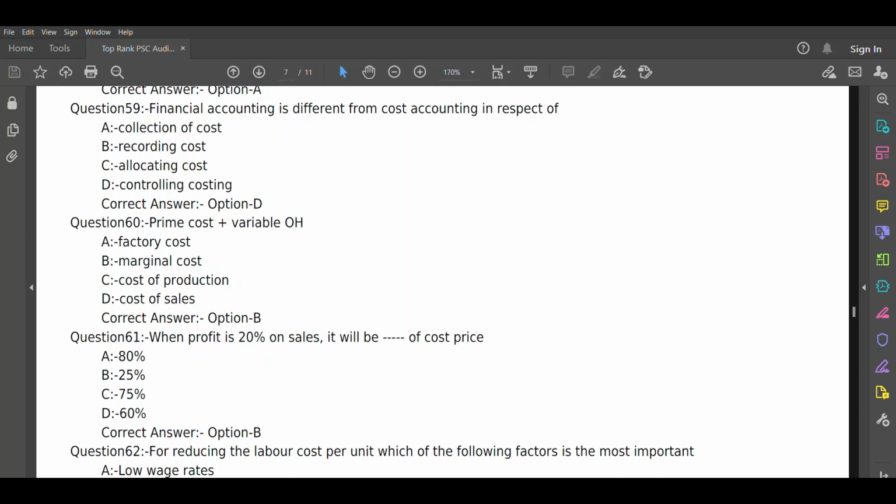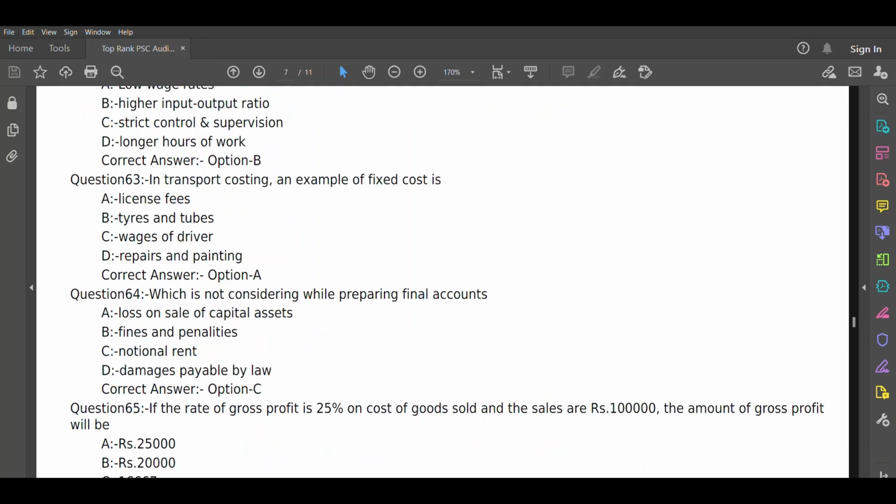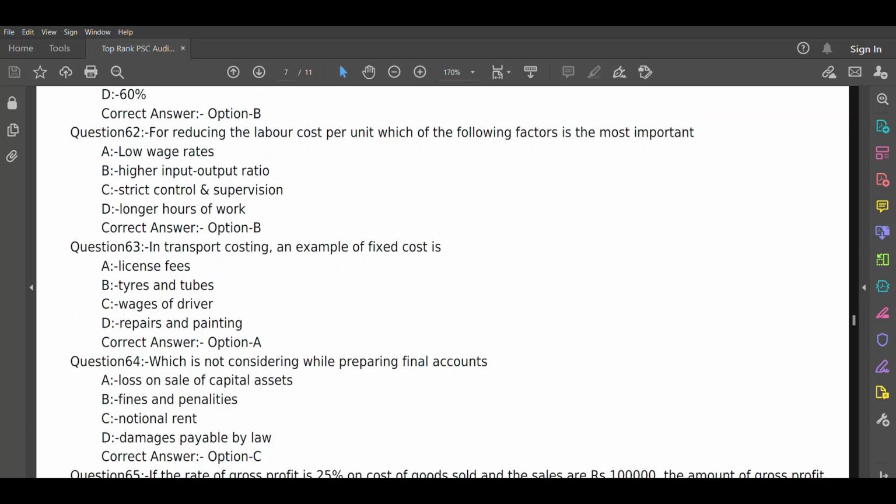When profit is 20% on sales, it will be 25% of cost price. For reducing the labor cost per unit, which of the following factors is the most important? Higher input-output ratio.